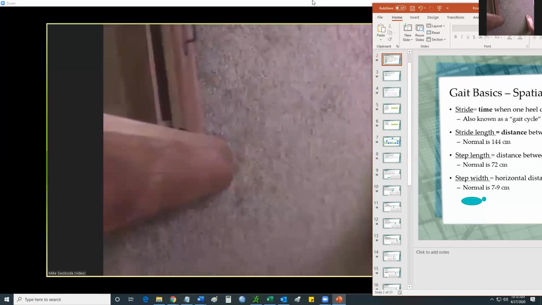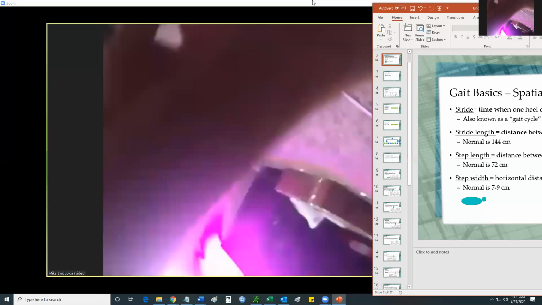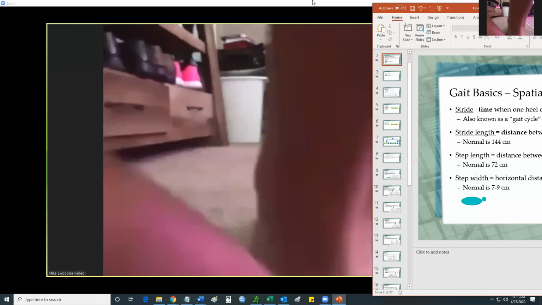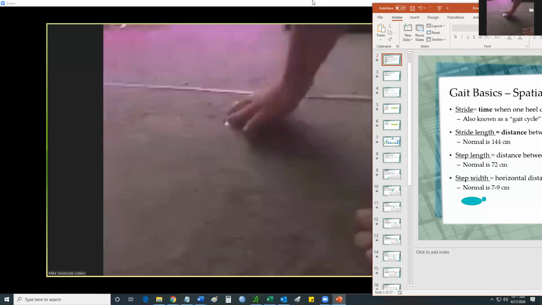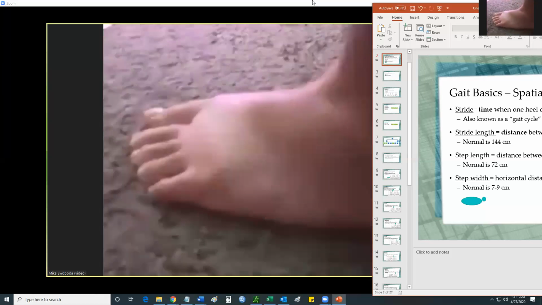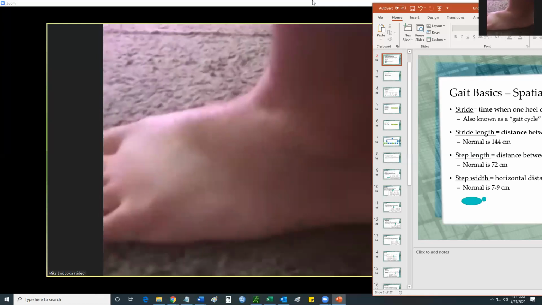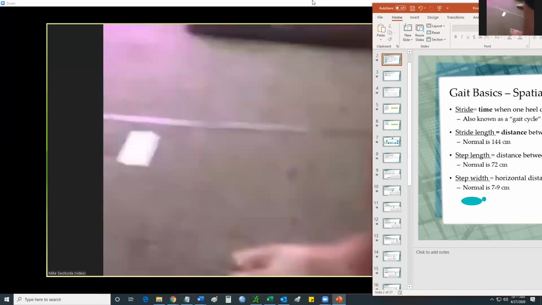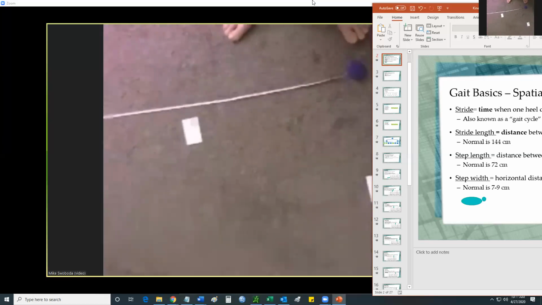I'm going to mark right where my Achilles tendon is roughly, right in the middle there, and I place that marker there. And then I'll do the same thing on the back foot, placing that marker there, right in the middle, roughly. And now you see I have these 2 points.